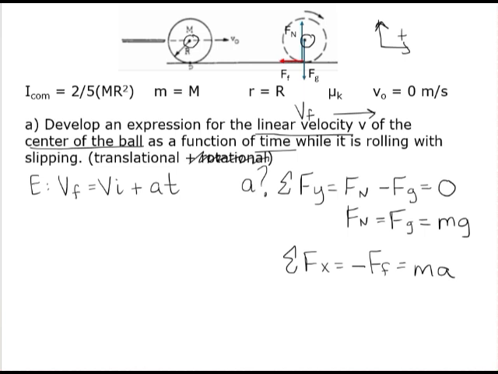From here, I can substitute in my force of friction as mu k times the force normal equals ma, and then I can substitute my normal force as mg into the equation.